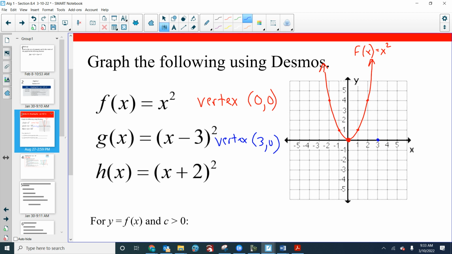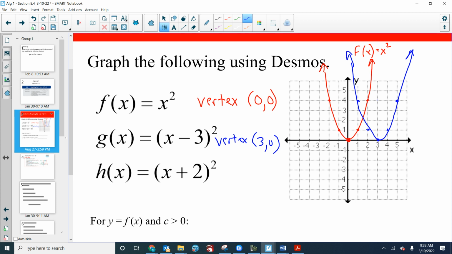On your graph, every point is going 3 to the right from my original parabola. So 3 right, 1, 2, 3. 1, 2, 3. 1, 2, 3. And then there is my new parabola.